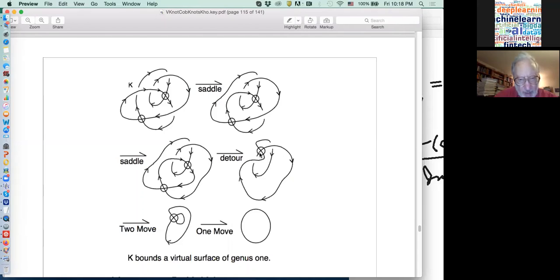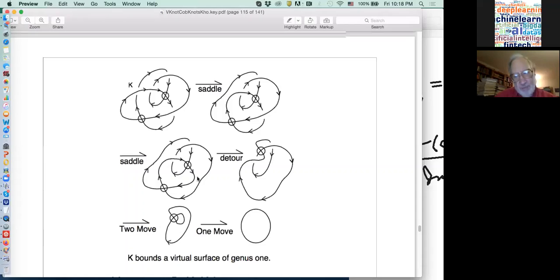So we can detour to this. Having detoured to that, we have a Reidemeister 2 move that pulls this arc in, and then it goes away. So at that point, after the two saddles, I created one genus and could cap off the rest. So this surface has genus 1.